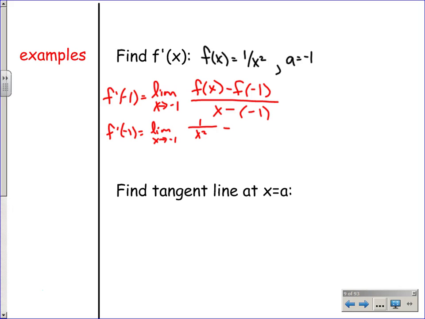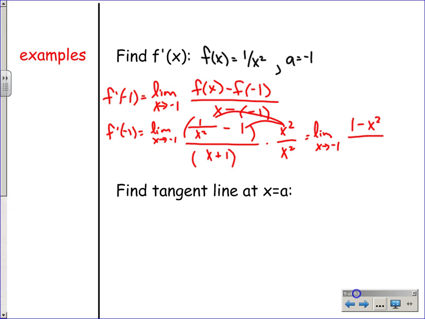What happened when you guys plugged in -1? It was 0 over 0, wasn't it? Still 0 over 0.